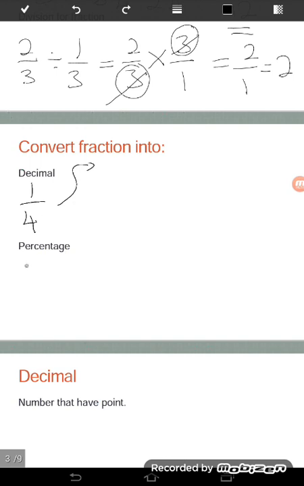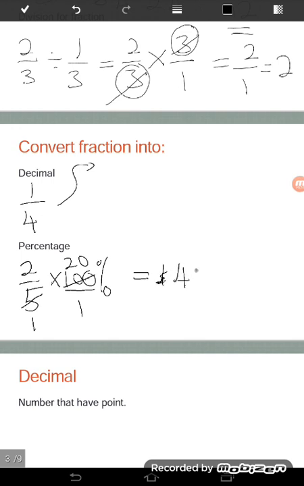For example, 2 over 5 times 100%. 100 is 100 over 1, so the numerator is 100 and the denominator is 5. 100 divided by 5 is 20. Then 2 times 20 is 40. So 2 over 5 is equal to 40%.